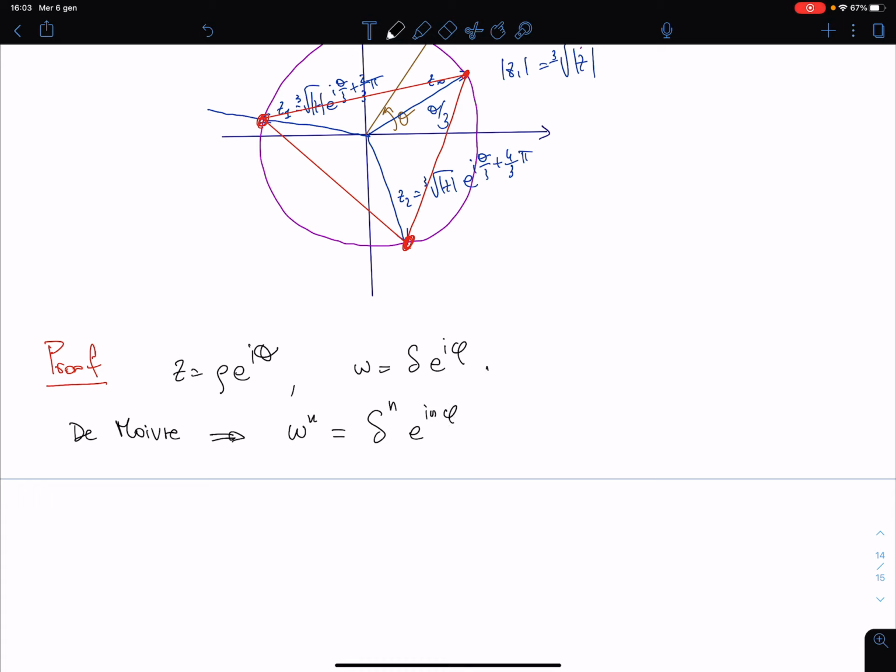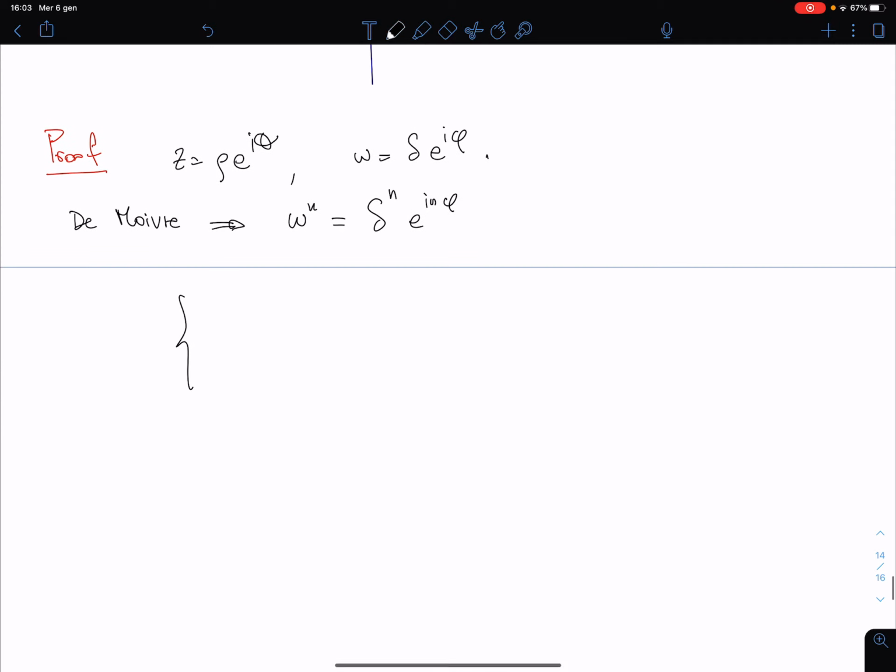Okay, so now you have to impose a system, and the system tells you, of course, that the modulus of w to the n is equal to the modulus of z, and the argument of w to the n is equal to the argument of z, but there can be some 2k pi with k in Z.